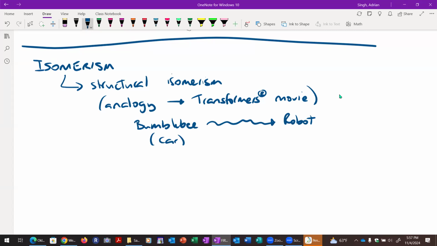When it undergoes that transformation, what happens to it? Well, the components are the same when it goes from the car to the robot, but how the components are attached becomes different.